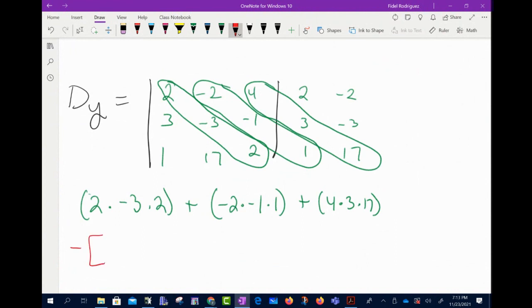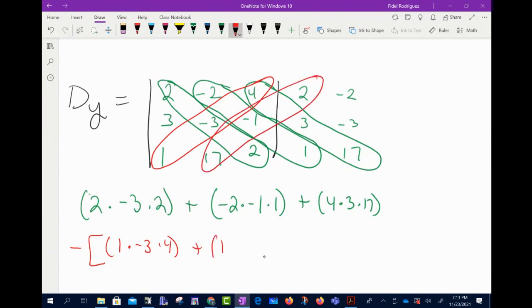And then remember, minus, I'm going to use my red like I've been doing before. I'm going to go along these diagonals. 1 times -3 times 4 plus 17 times -1 times 2 plus 2 times 3 times -2.